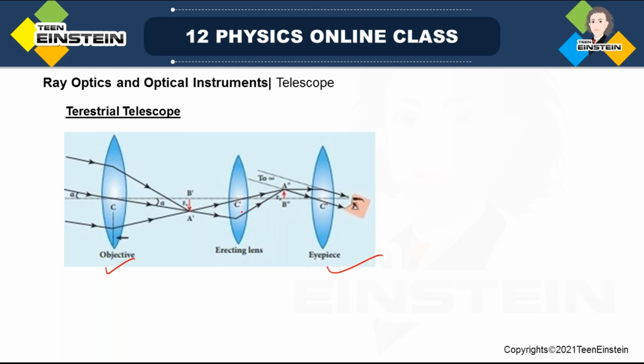In the intermediate place there is another lens, which is called the erecting lens. Look, I'll just discuss the working principle, what happens here.